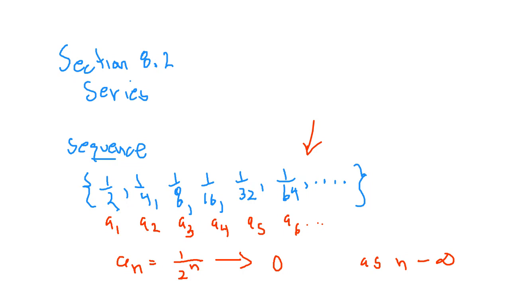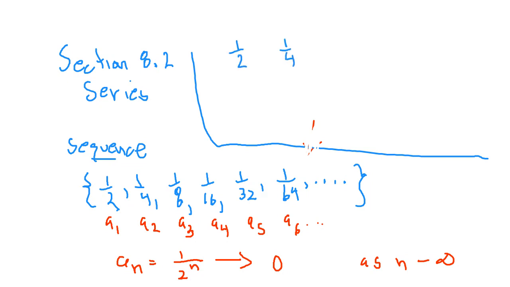Now, so we know what a sequence is. Now, what is a series? What does that mean in this context? Well, a series is when you do this. If we were to take the terms of the sequence, a half, a fourth, so this is a series.